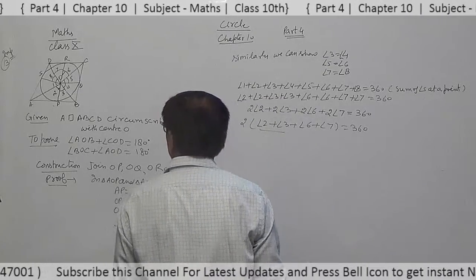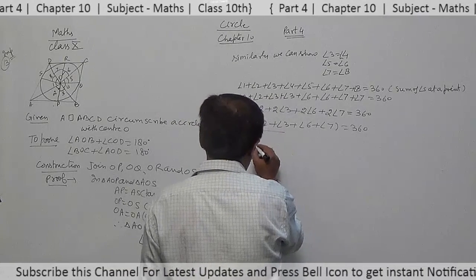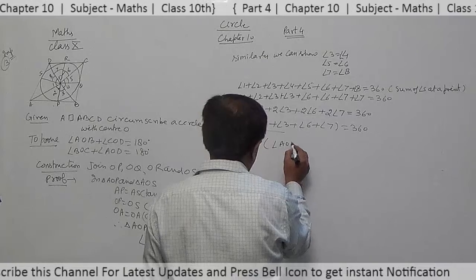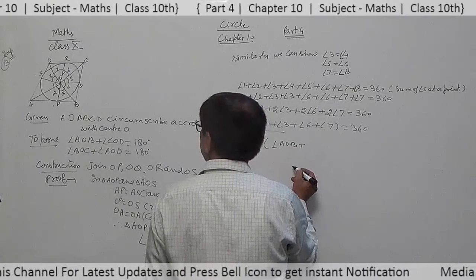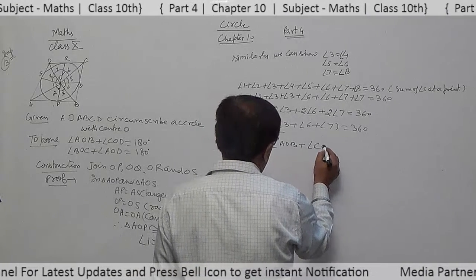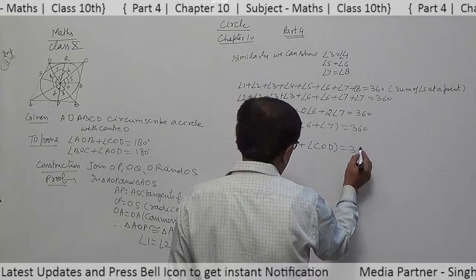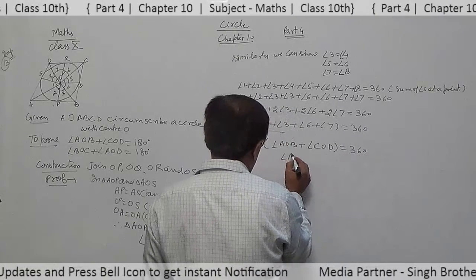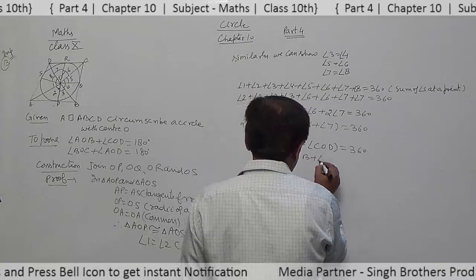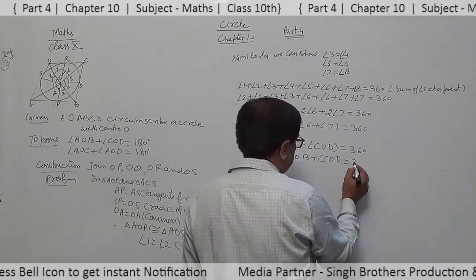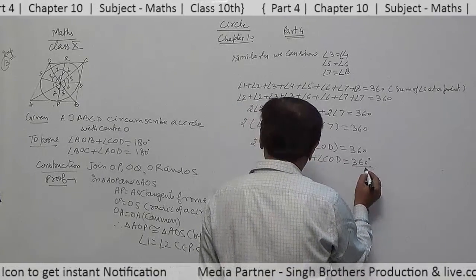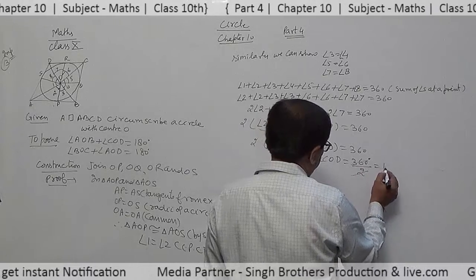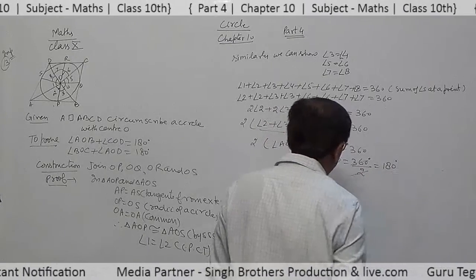2 plus 3 is angle AOB. 6 plus 7 becomes angle COD, and angle AOB plus angle COD is equal to 360 upon 2, that is equal to 180 degrees.